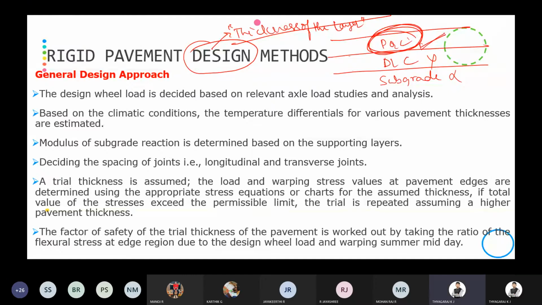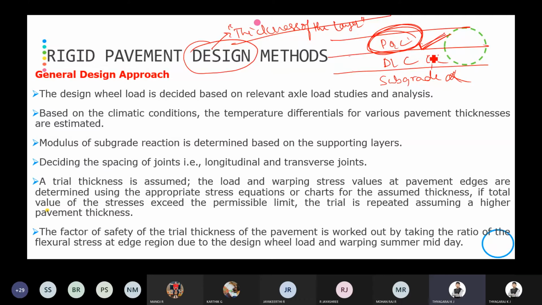So is it clear? Yes, sir. So we are only going to determine the thickness of the concrete slab, rather than determining the thickness of the DLC or subgrade. This is the general thing you should remember in the design of rigid pavement.